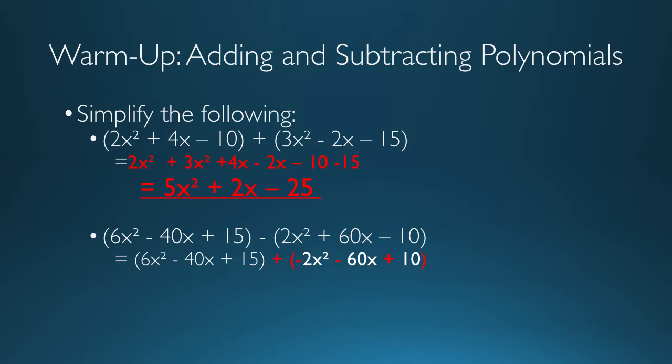So all our signs have to switch. So it becomes an addition problem. So now we are adding two polynomials. And we combine our like terms and we end up with 4x squared minus 100x plus 25.